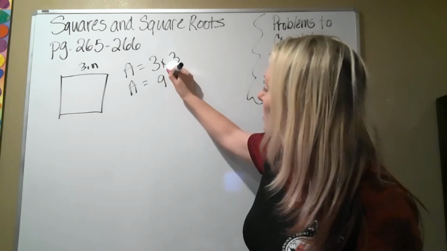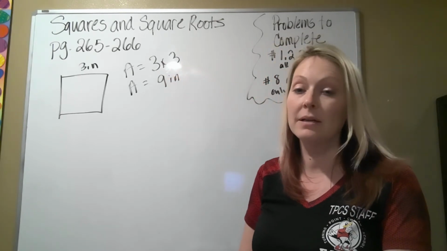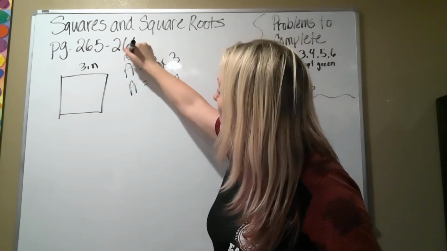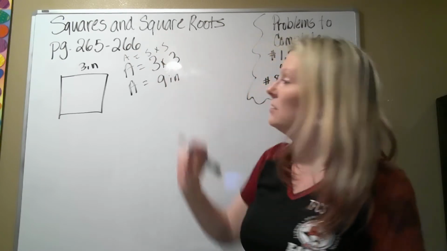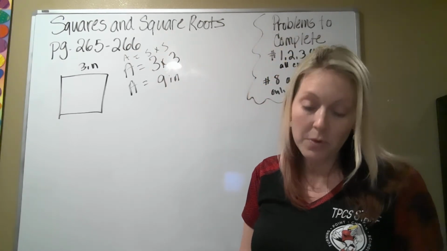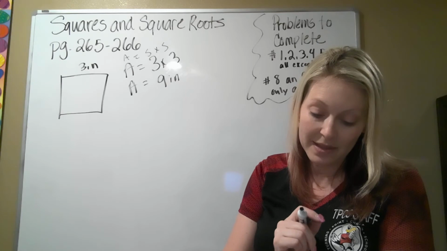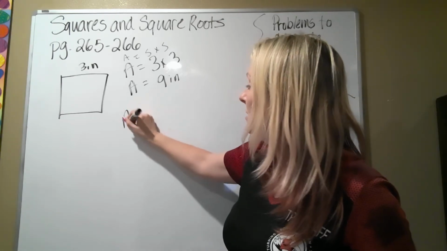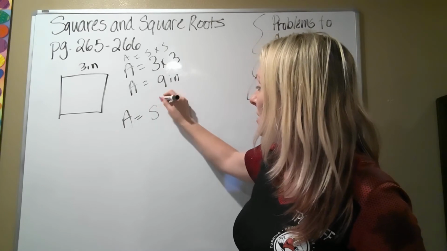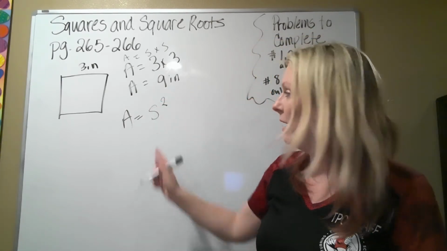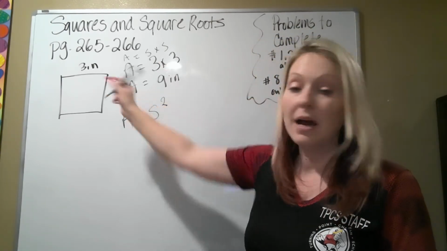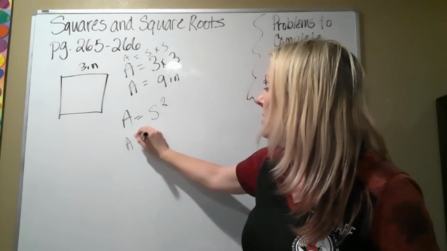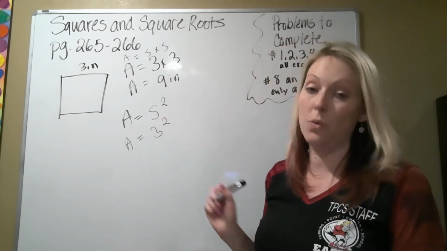Pretty simple, right? 9 inches, because I used A equals S times S. Now, if I wanted to find area by using the exponent factor, I could say A equals side squared. And what is my side? 3. A equals 3 squared.